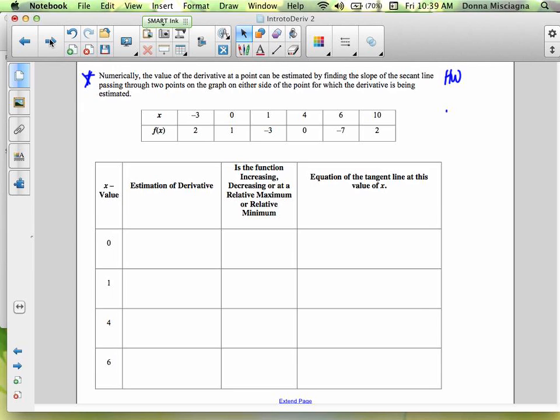So for instance, for x equals 0, you want to use negative 3 and 1. So you're estimating the derivative with the secant line, and you're writing the equation of the line using the points in the table. You have all the points that you need, and the slopes you estimate with the secant line. I think you should be totally fine on this.